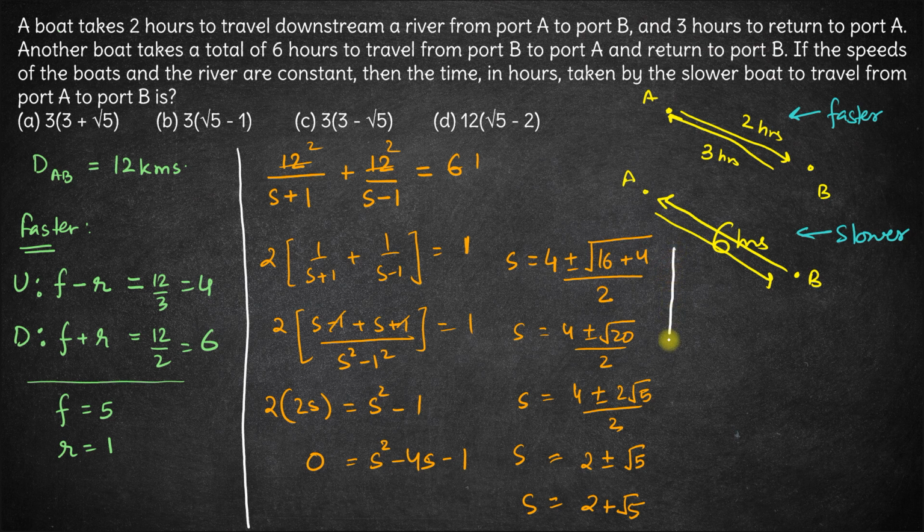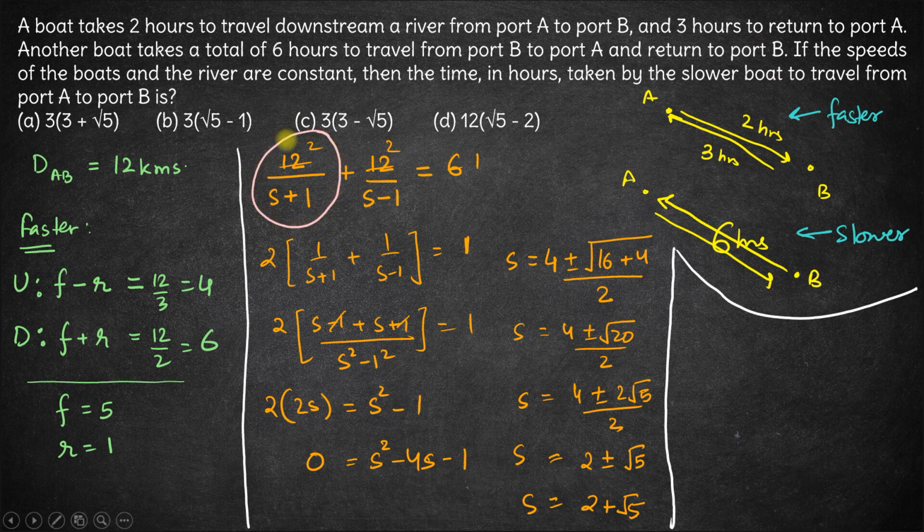Okay. And now finally coming to the question that is asked. The question is, if the speeds of boats and rivers are constant, then the time in hours taken by the slower boat to travel from A to B. So to go from A to B, what is the time taken by the slower boat? To go from A to B, it means the boat has to go downstream.